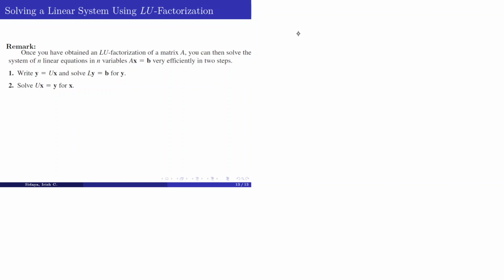Note that the column matrix x is the solution to the system since Ax equals LUx is equal to Ly, where your y is equal to Ux, which is equal to b.